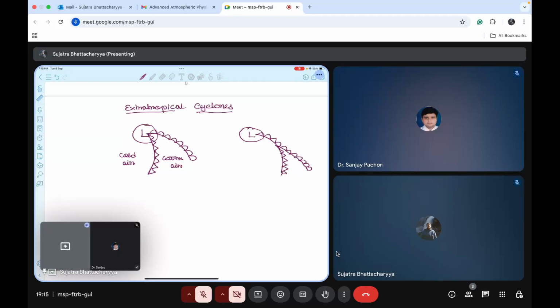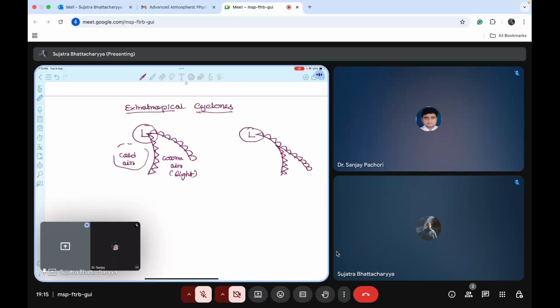The cold front tries to chase the warm front, and it lifts, because this is the cold air. If it pushes this warm air, which is lighter, it goes up. We call this frontal lifting.